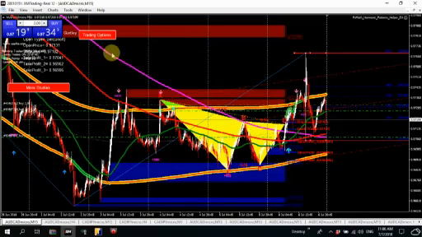But based on this trend, for a long-term trend following strategy, this yellow channel broke this moving average, this pink one. So definitely that is a proof to me we are going up.